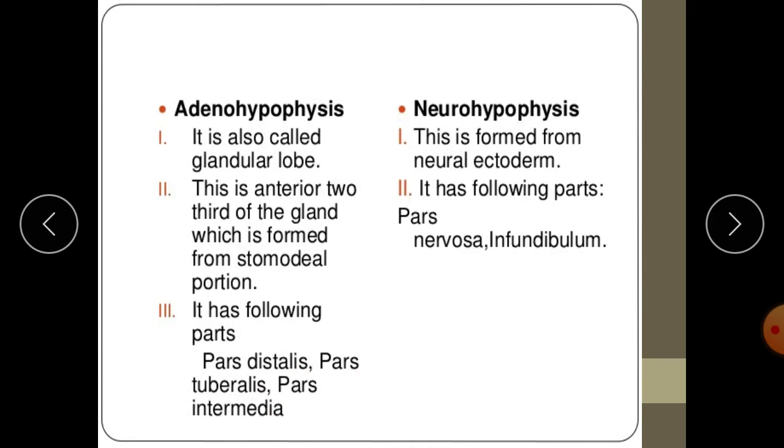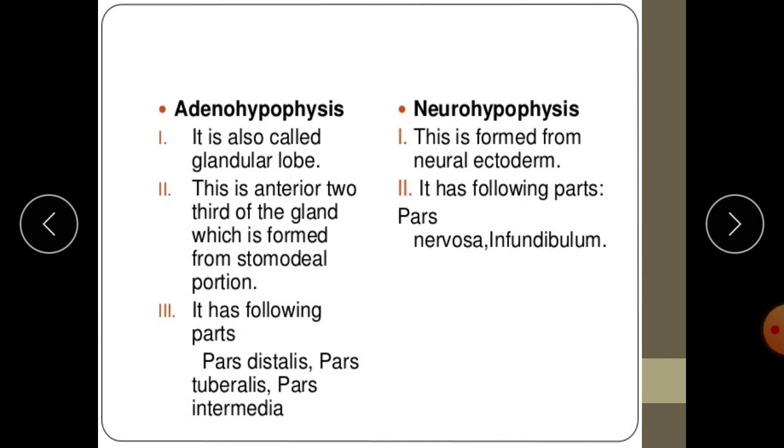Adenohypophysis is also called the glandular lobe. This is the anterior two-third of the gland, which is formed from the stomodial portion. Stoma means mouth, the buccal cavity; a little part of the roof of the buccal cavity contributes to the formation of the adenohypophysis.